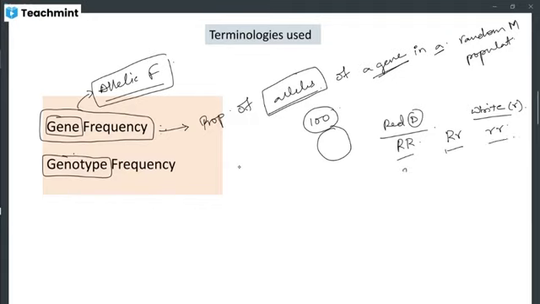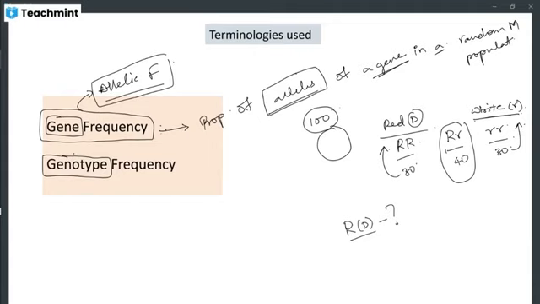So if there are 30 homozygous red individuals and 30 homozygous white individuals, the remaining will be 40 heterozygous individuals, right? So what is the allelic frequency of capital R, that is your dominant allele? How will you calculate it? Sir, 0.5.